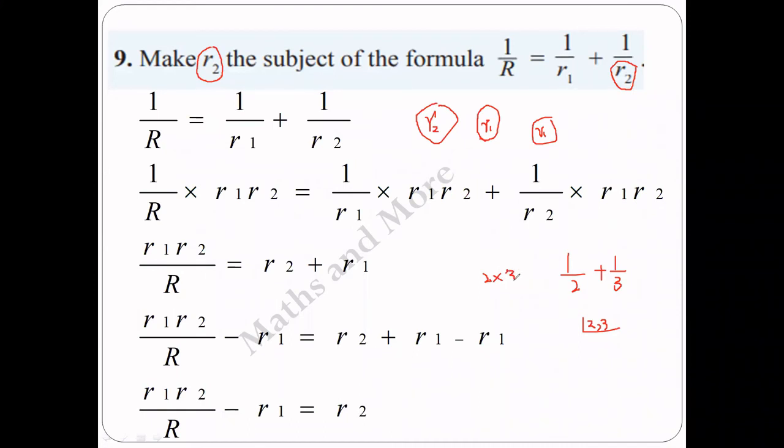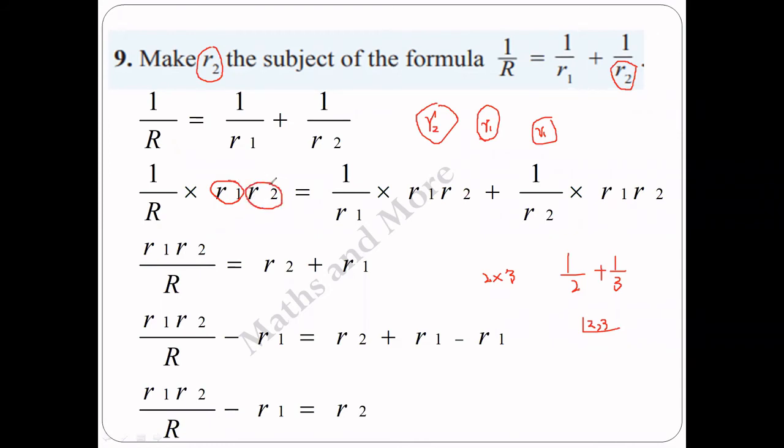We do a similar thing here. Here the denominators are R1 and R2. There, the denominators are 2 and 3, LCM 2 into 3. Here the LCM should be R1 into R2.